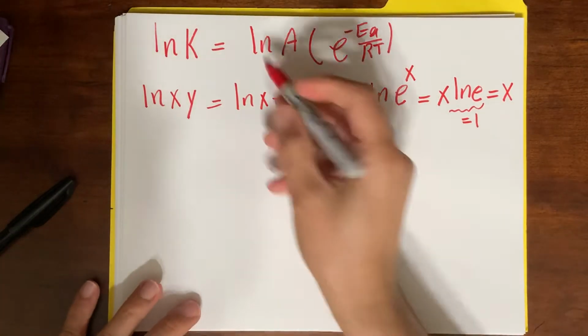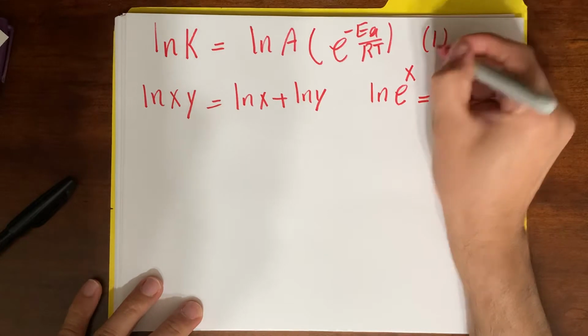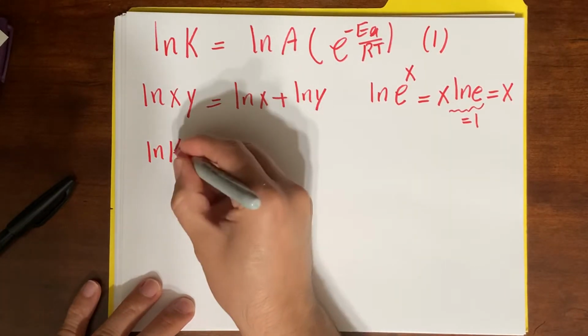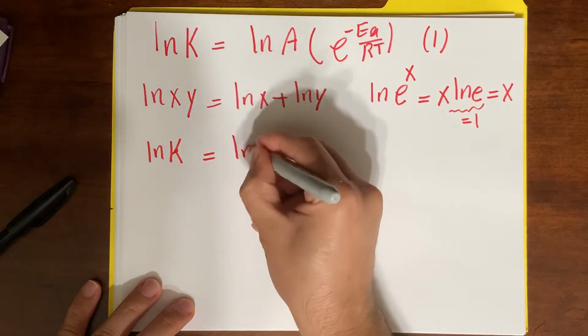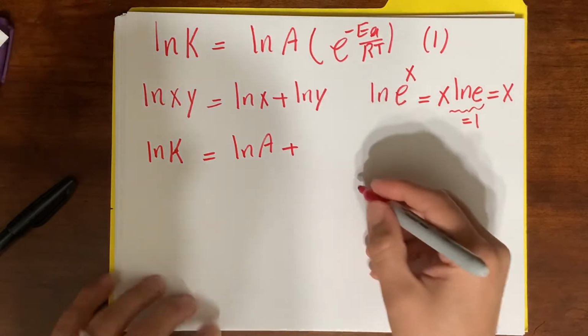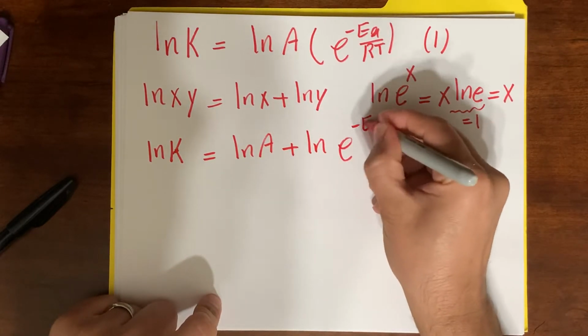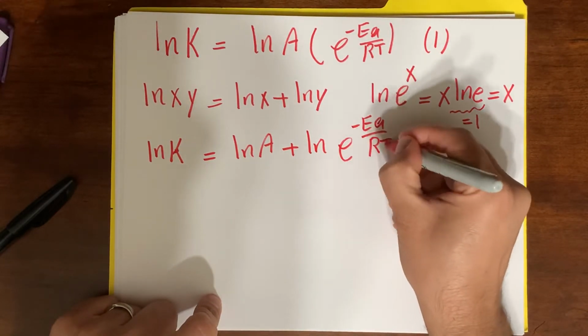Okay, so from this formula number 1, I get ln of K equal to ln of A plus ln of e to the power of minus EA over RT.